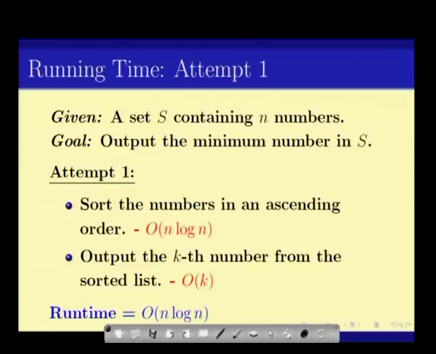Now comes the next attempt, using the divide and conquer approach. This approach is a bit interesting. We will break this problem into very small subproblems, and we will somehow combine all these things in a very clever way.